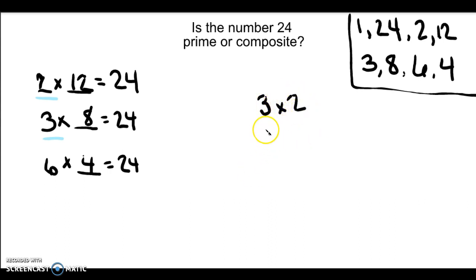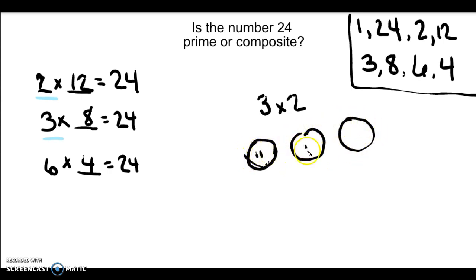If I wanted to do 3 times 2, what I'm really saying is 3 groups of 2. So here's group 1, here's group 2, here's group 3, and each one has 2 objects in it. If I count up the total number of objects, that gives me the answer. 3 times 2 is 6.